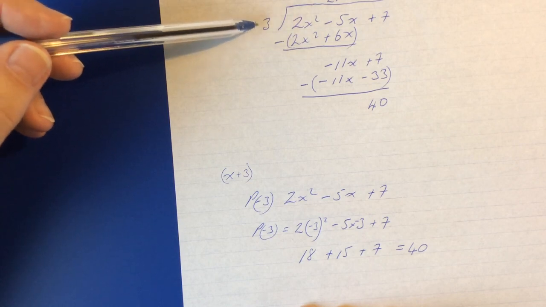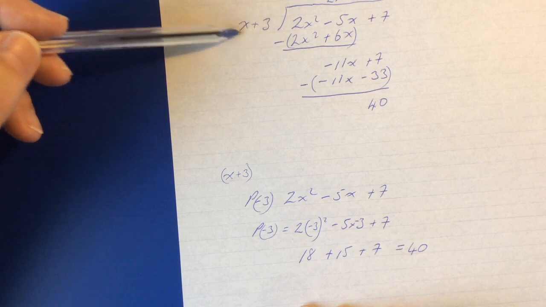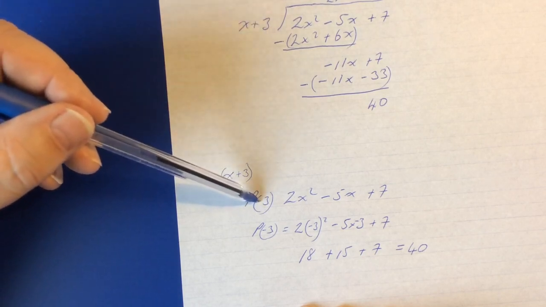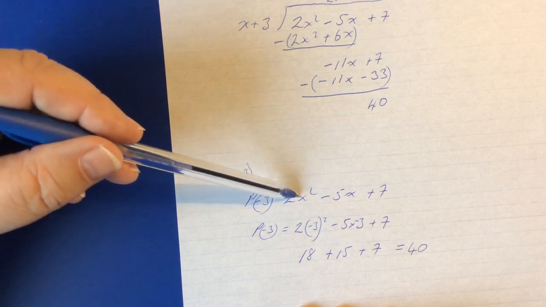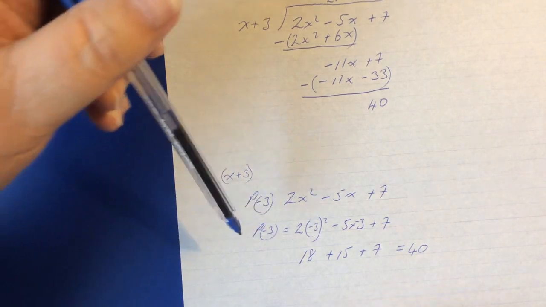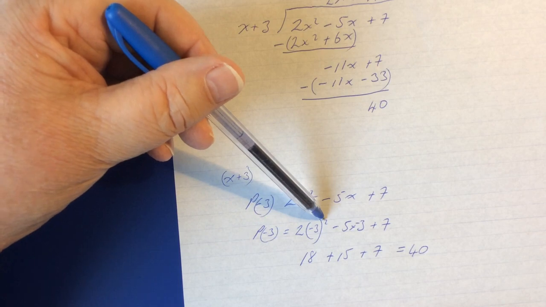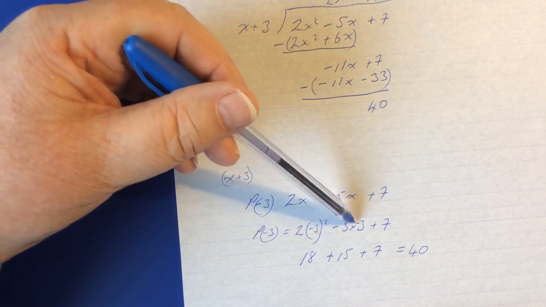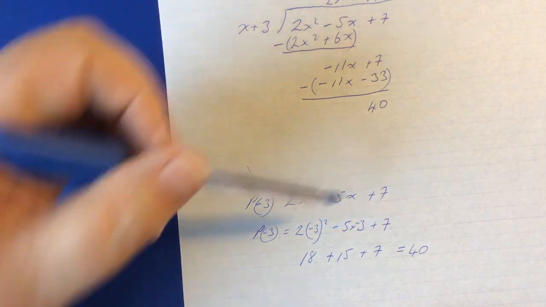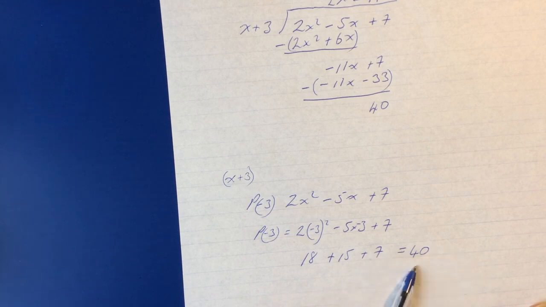So we're just taking another form of this, which is the solution to this being 0, negative 3. If we replace x with negative 3 in this expression, what do we get? We get 2 times negative 3 to the power of 2 minus 5 times negative 3, plus 7, which gives us 18 plus 15 plus 7, which equals 40.